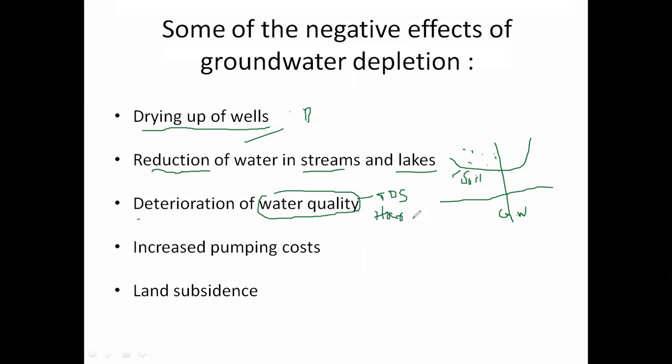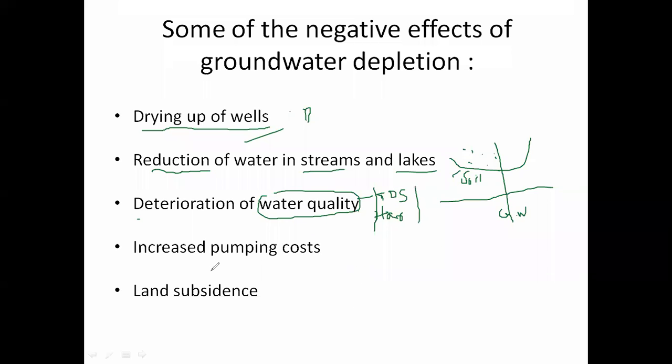Why? As long as depletion is happening, there is infiltration of new water, and it will pass through many rock strata. That is why the solids and hardness start increasing.